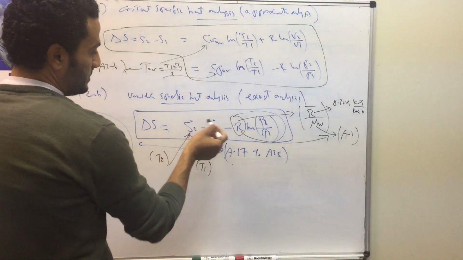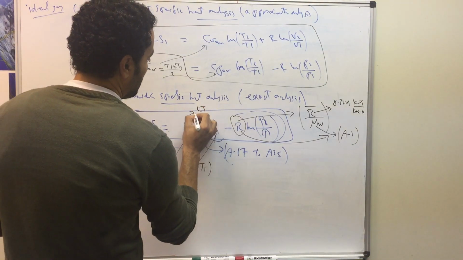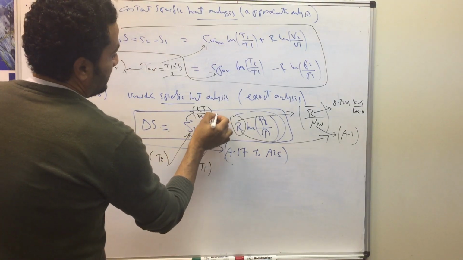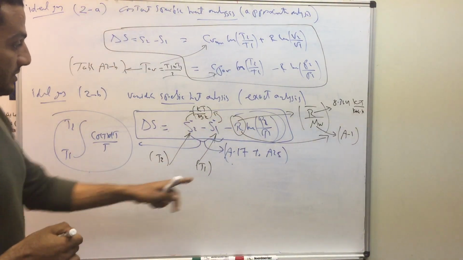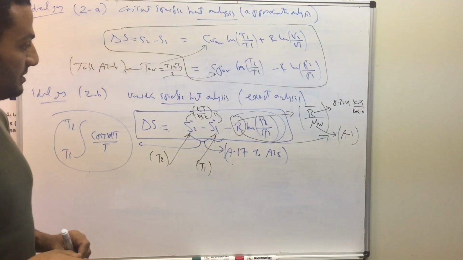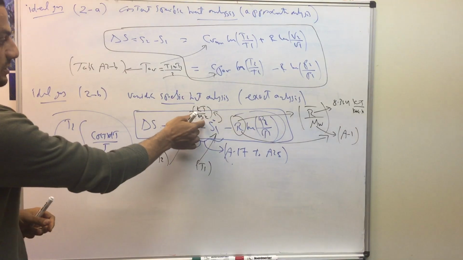But if you look at s naught 2 minus s naught 1, the unit here should be kilojoule per kilogram Kelvin. But actually this is only represented in this unit in table A17. In tables A18 and on, I think they give this value per unit mole, not per unit kilogram.